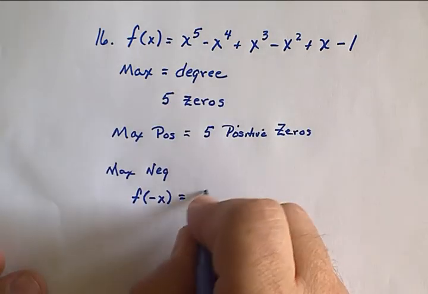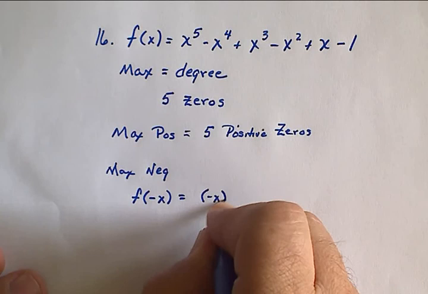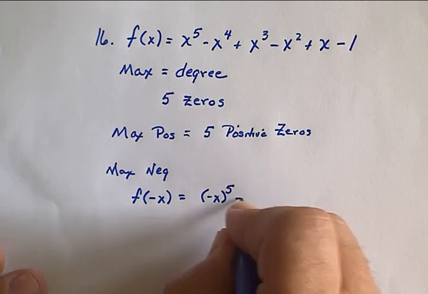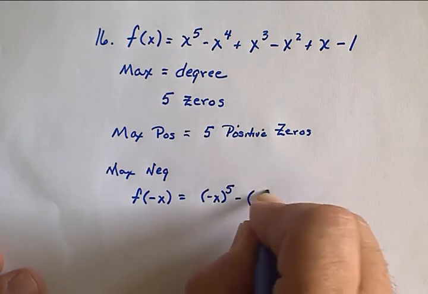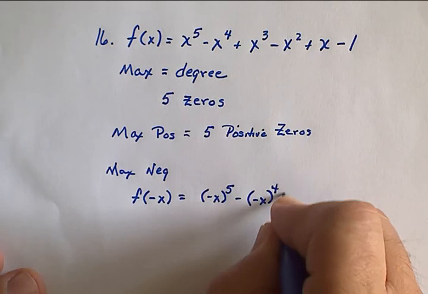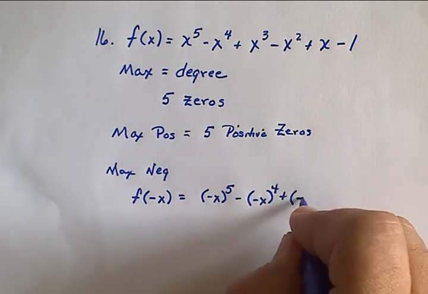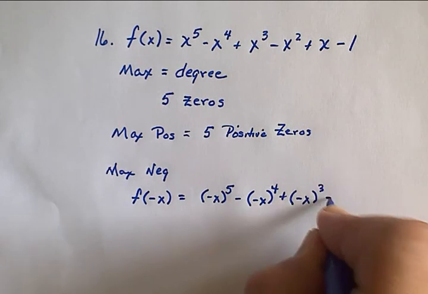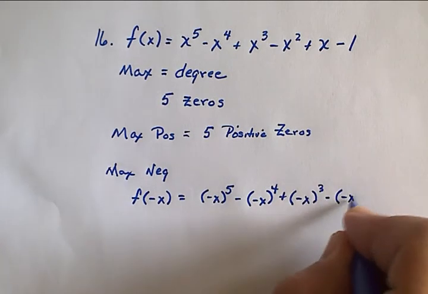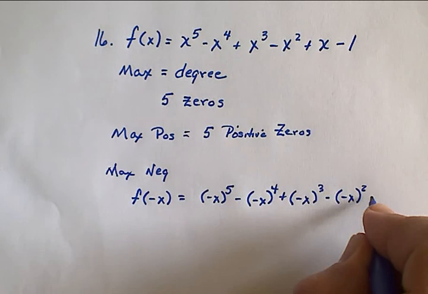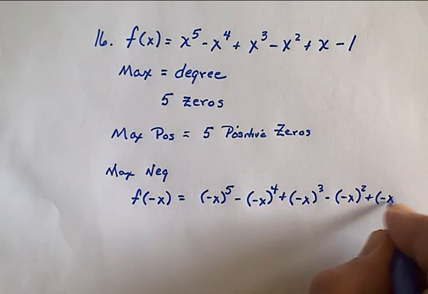That's negative x to the fifth, minus negative x to the fourth plus negative x to the third minus negative x to the second plus negative x and minus 1.